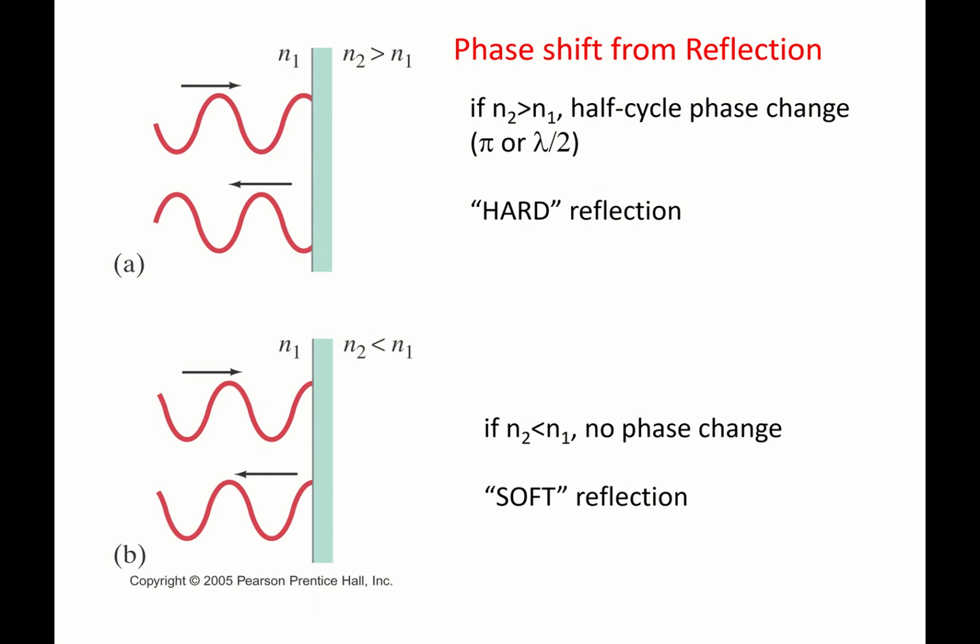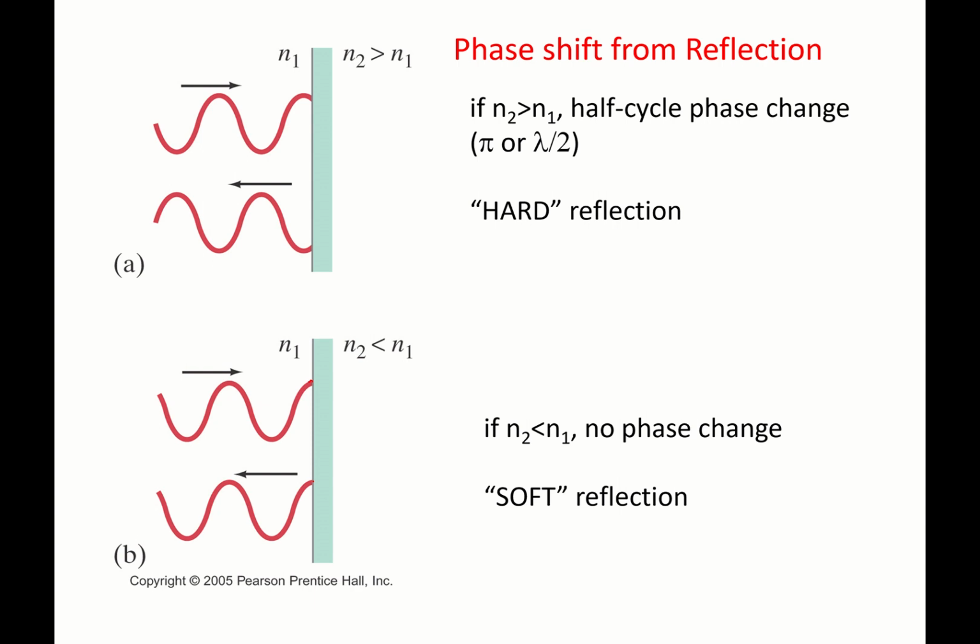So that would be a phase change of pi, or half a wavelength. But if the wave was free to move at the end, that was a soft reflection and there was no phase change. The wave going in and the wave going out had the same phase as each other.